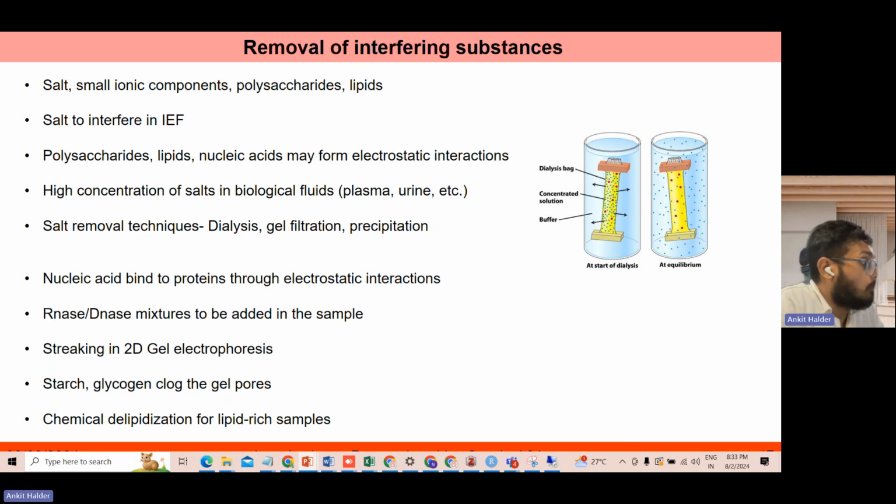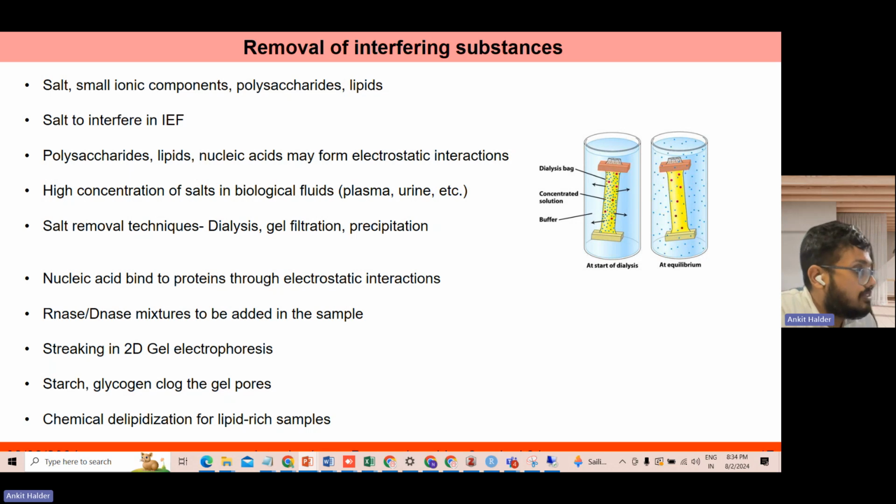Then polysaccharides, lipids, and nucleic acids that are present form electrostatic interactions, again causing a problem, forming aggregates. It won't allow effective resolution of those particular proteins.